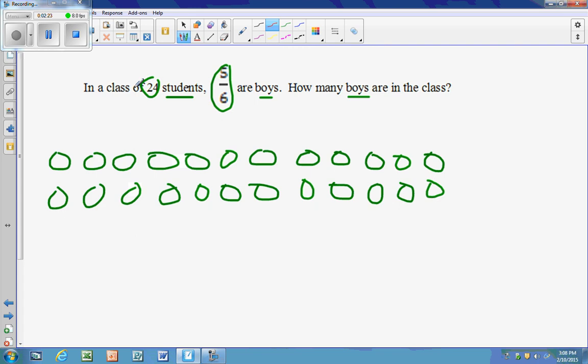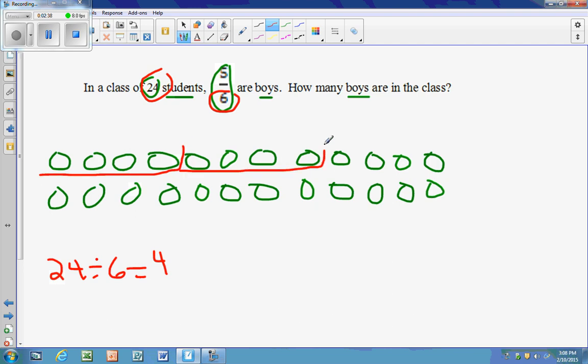And I know that I want to split my 24 students up into 6 groups. So it's just like saying 24 divided by 6. And I know that I should have 4 in each group. So I'm going to mark off 4 in each group. And I have my groups now.